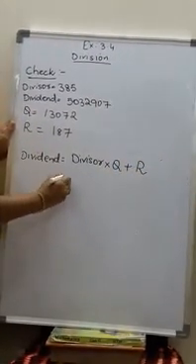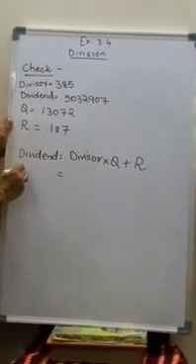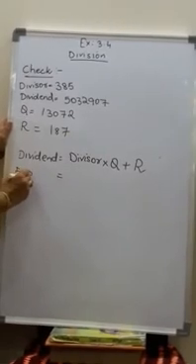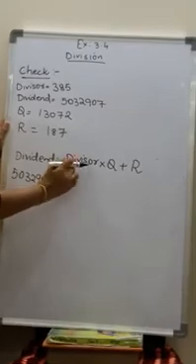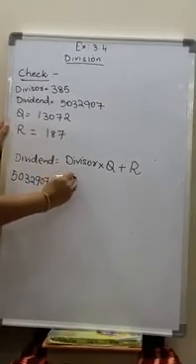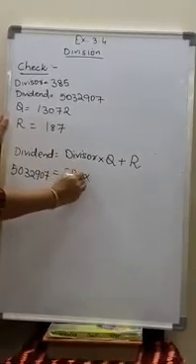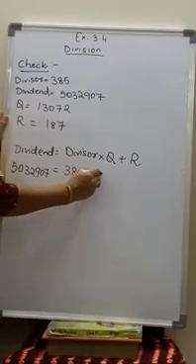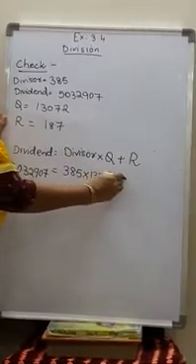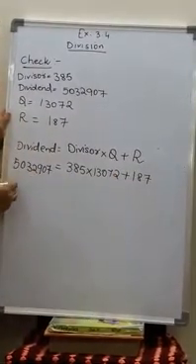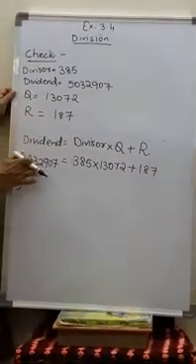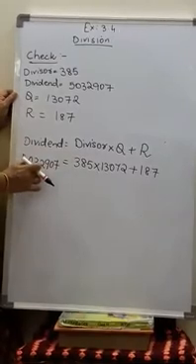So 5032907 is equal to the divisor 385 into 13072 plus 187. Here you need to check whether both the answers you are getting are the same or not.